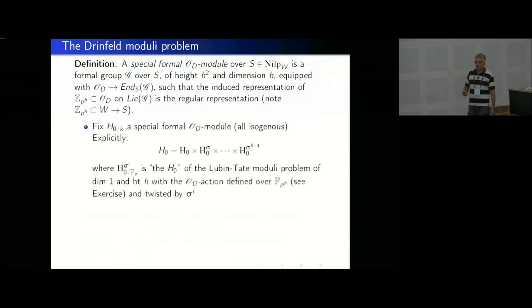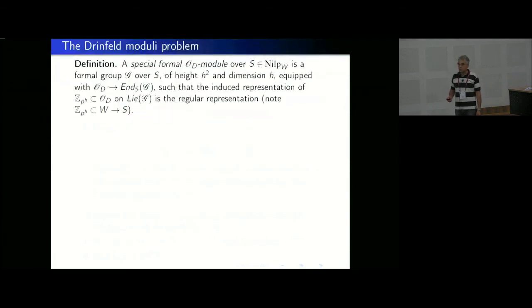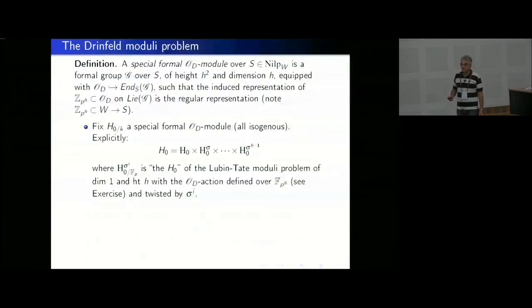So here is a standard example. Let's denote now by boldface H0 the previous H0 that we had in the Lubin-Tate case. So this was the unique formal p-divisible group of dimension 1 and height h over F_p bar. So it had, over F_p bar, an O_D action.